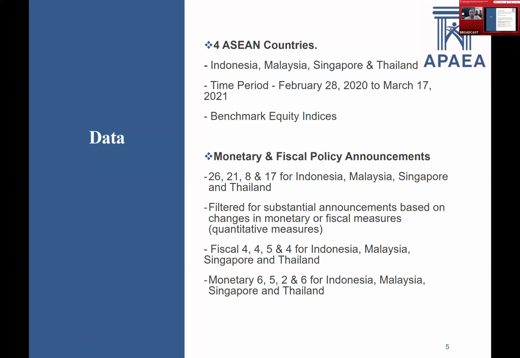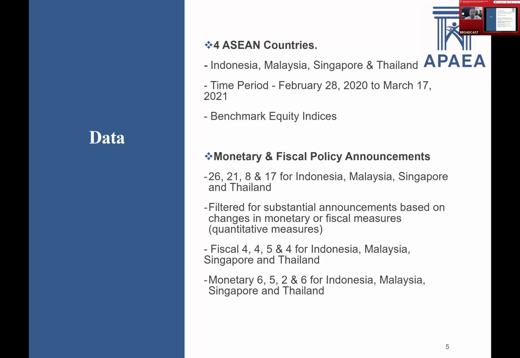After that, we went through all the monetary and fiscal policy announcements that were made by the policymakers in these countries, and we relied on Bloomberg data and the news services. What we came across were 26 for Indonesia, 21 for Malaysia, 8 for Singapore, and 17 for Thailand. These were the monetary and fiscal policy announcements made during the sample period that we are considering.